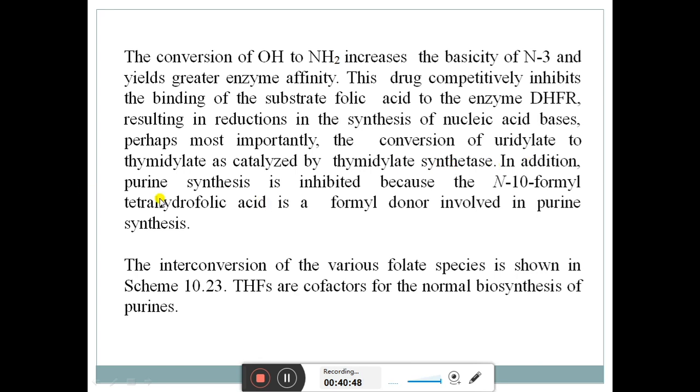In addition, purine synthesis is inhibited because N10-formyl tetrahydrofolic acid is a formyl donor involved in purine synthesis. The interconversion of various folate species is also shown in this scheme. Lastly, we have seen that the tetrahydrofolates are the cofactors for the normal biosynthesis of purine. That also we have seen, right?